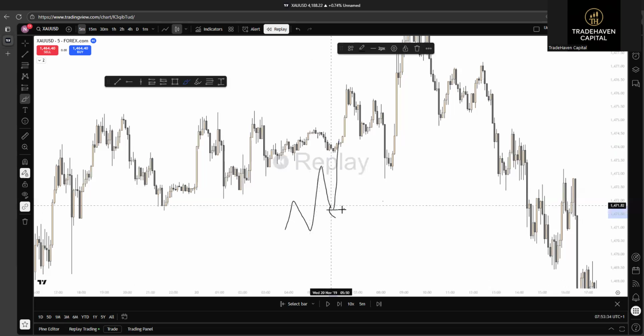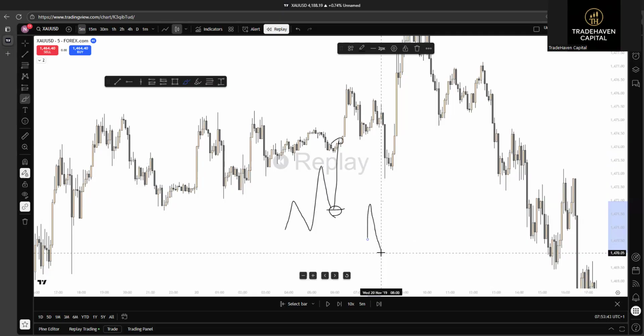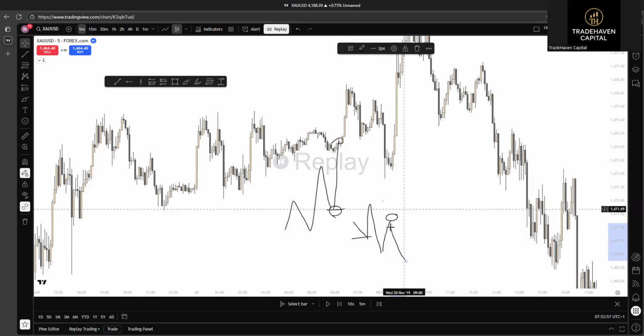This is a higher low, and then this is a higher high. Then in a bearish structure, price forms what we call, let's assume this is a low, a lower high, and then a lower low. So that is just the basics of market structures. That is the foundation.